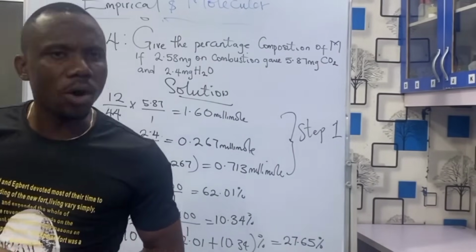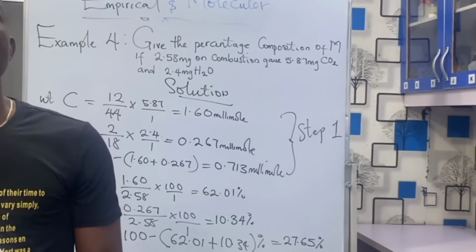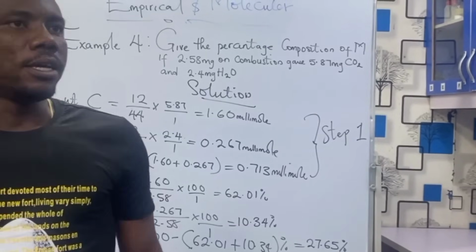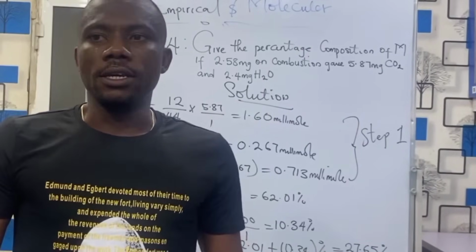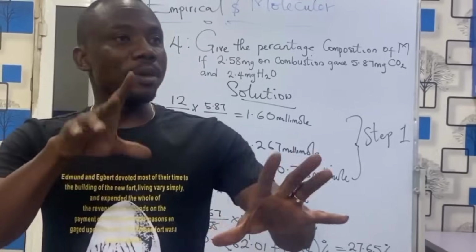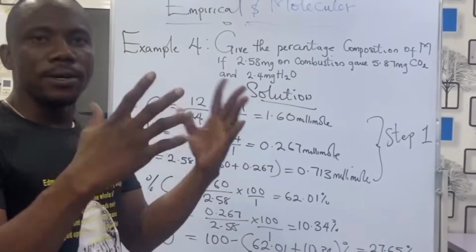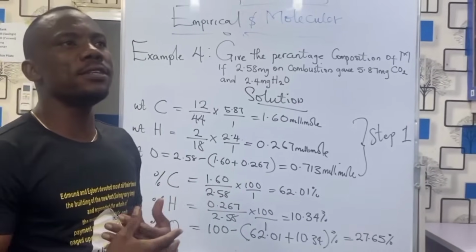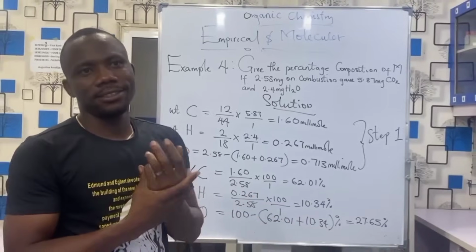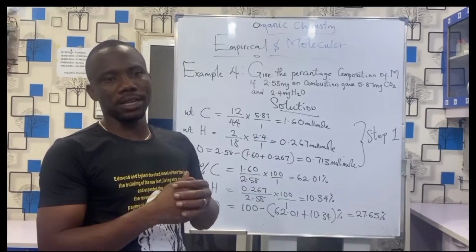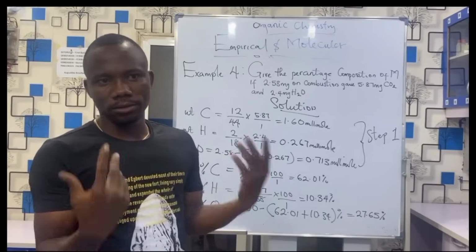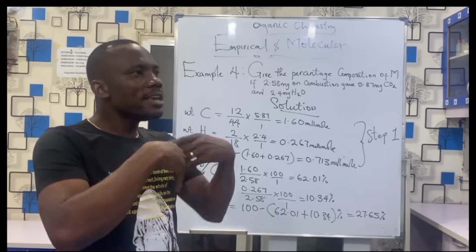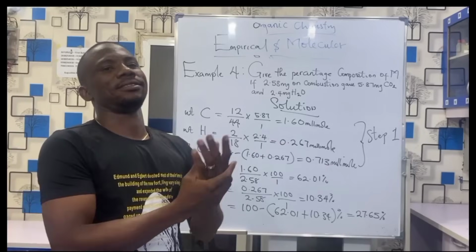So we can go on and on with empirical and molecular formula. In our next example, we are going to be working through the empirical and molecular formula involving gases. You know, organic compounds are not just liquid or semi-solid, they are also gases. And so what if the compound in question is a gas?